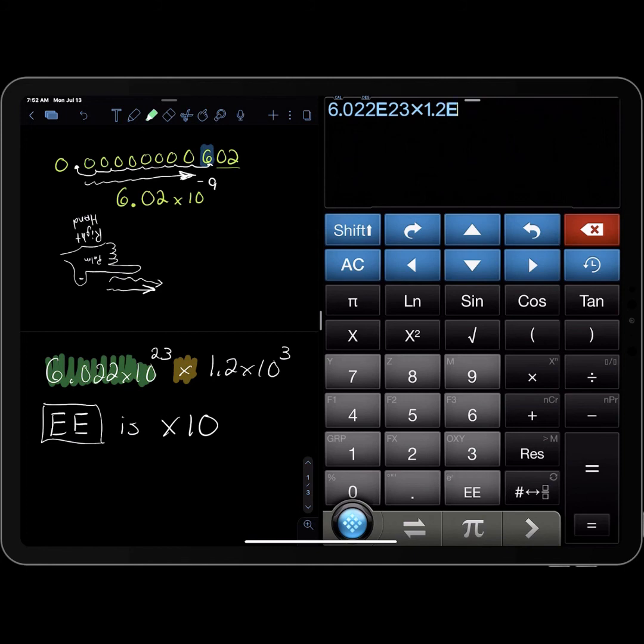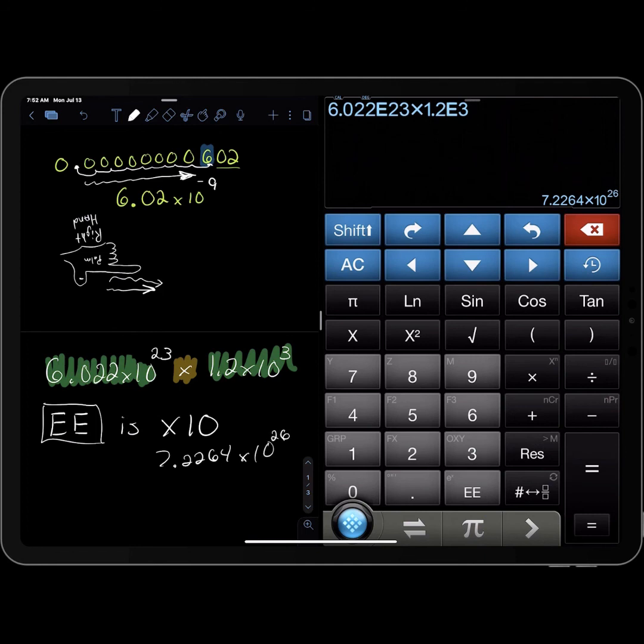So we're going to go times 10 or EE, right? And we'll put the 3. So now I have everything on that problem written into the calculator. I hit enter, and that's my answer. All right. There's no mistakes that are going to get made when you do it this way. You will 100% be guaranteed that you're doing it right.